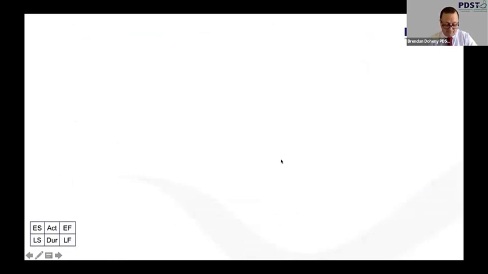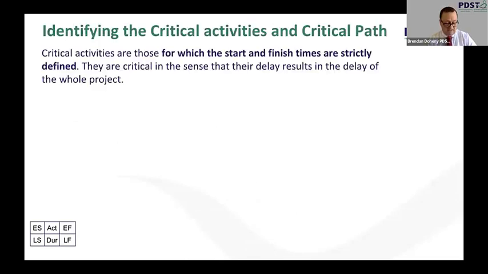Having completed our forward pass and our backward pass, we can now identify our critical path. Our critical path involves all of the critical activities, which are activities that cannot be delayed, or else the total duration of the project will be delayed.